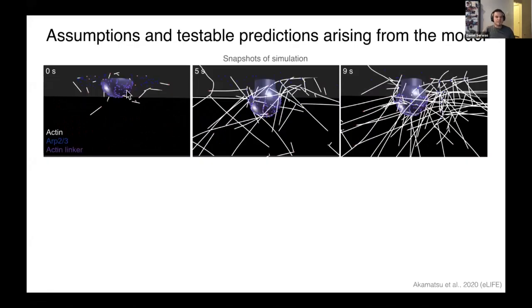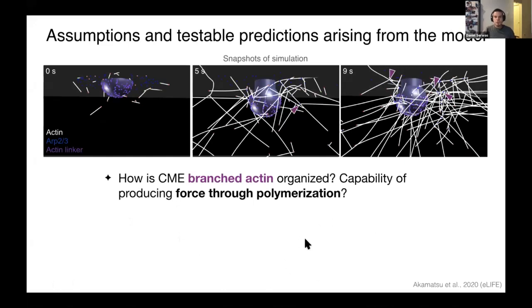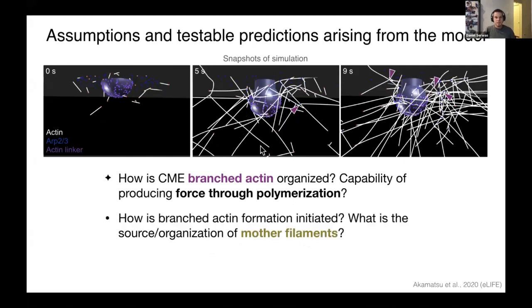We had to assume several of the parameters that went into the model, and there are several testable predictions that now arise from the model. We want to know whether there's really this branched array that self-organizes and produces force by polymerization to induce membrane deformation.